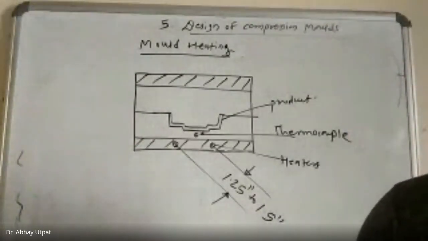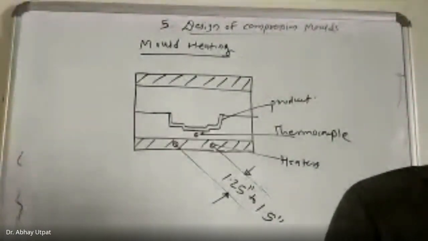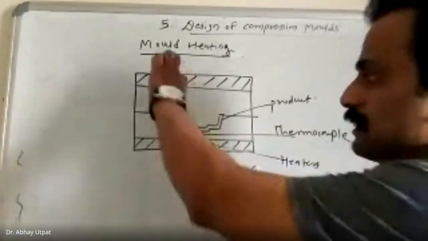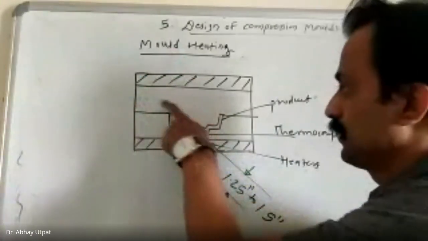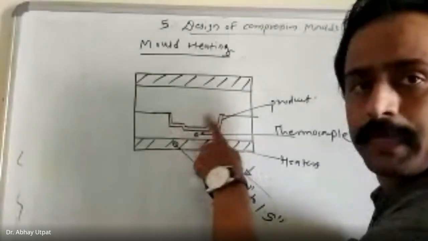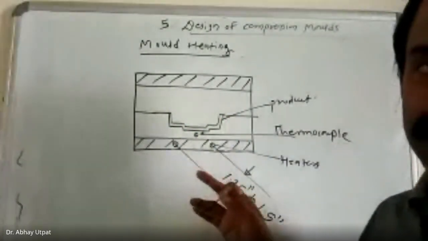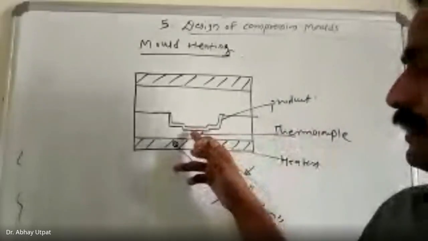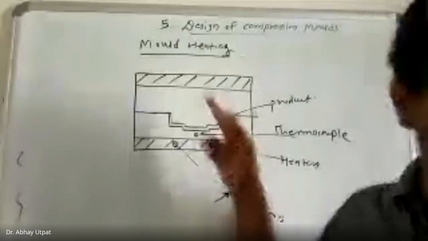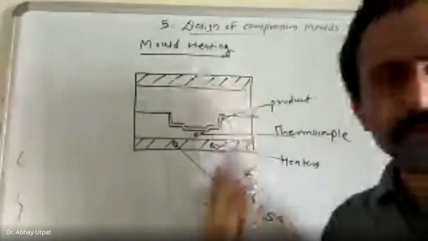Draw this figure. Here, what is shown? This is upper half, this is lower half. So this is the core part. This is your product. Now, near to this product, thermocouple is set. This is cross section, and these are the heaters. Heaters are here also.